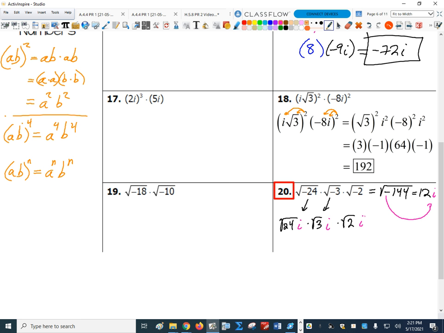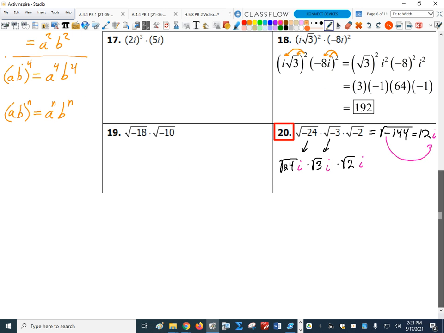Okay, well, let's rearrange those things, right? So I'm going to get the square root of 24 times the square root of 3 times the square root of 2 times i times i times i, which is i cubed. Anybody agree? Okay. Well, these are regular square roots of real numbers.